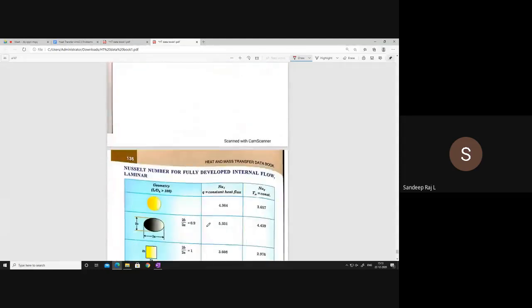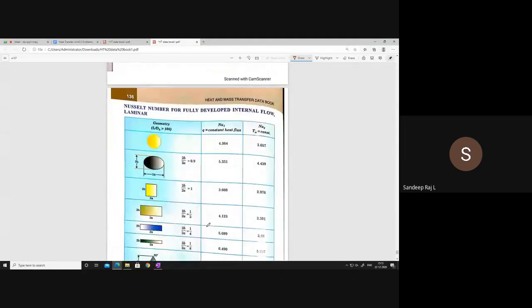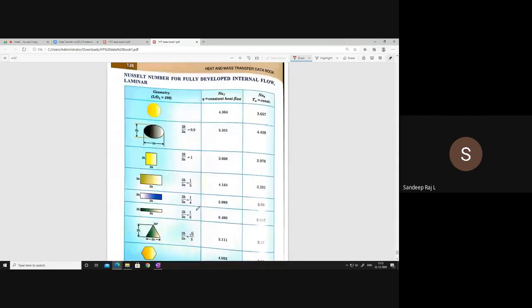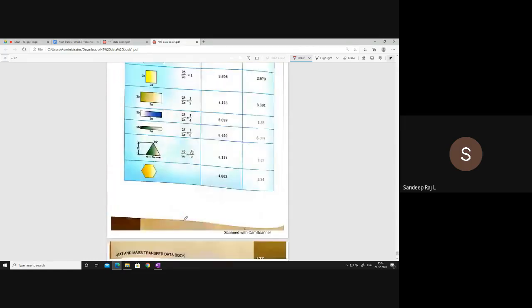Keep moving your pages. If you have non-circular cross sections, what to do is given here. Various non-circular cross sections are given, and for each non-circular cross section the formula is also given here.